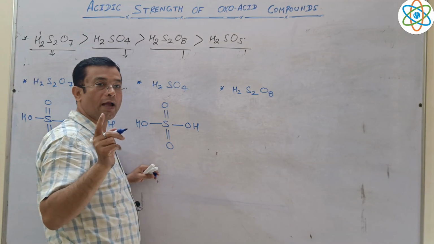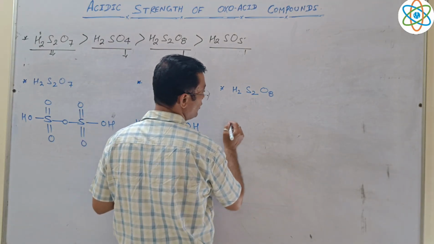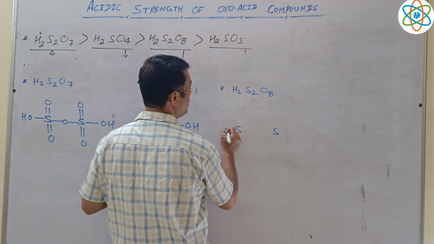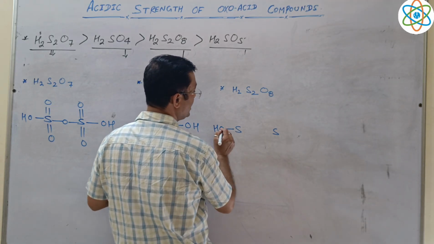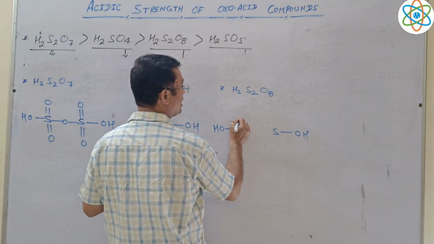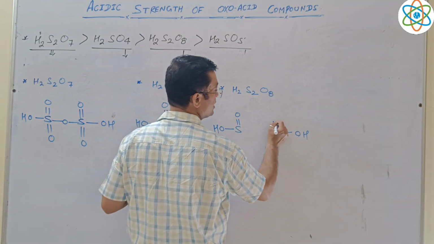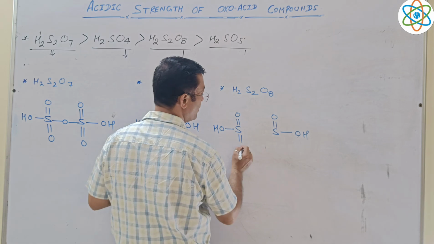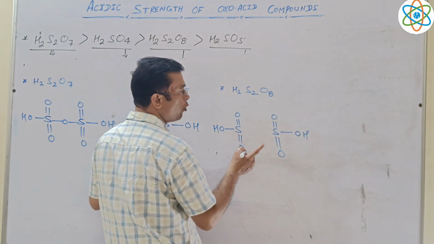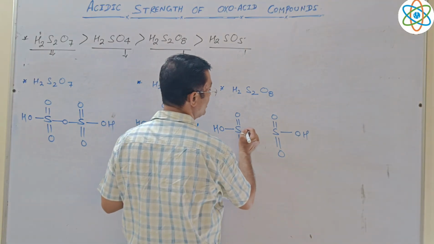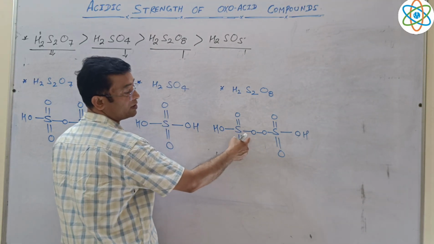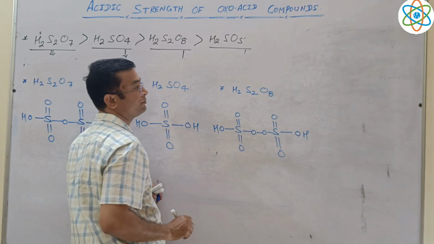Now here H2S2O8, this is called the Marshall acid. Now here this is the sulfur. Now here each oxygen atom goes with the hydrogen. Here is a double bonded oxygen, here is also a double bonded oxygen, here also a double bonded oxygen. Now 2 oxygen atoms are still left, therefore they will go in the center. This is called the peroxide linkage.